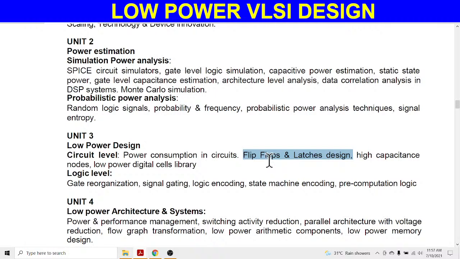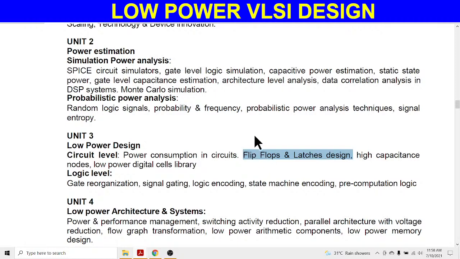But we are mainly focused on how an integrated circuit works on less power, how it dissipates less power. So we need to focus on the design of these flip-flops and latches also. We have to focus on how we can design them so that they consume very little power. If these elements consume less power, the overall power required by the integrated circuit will also reduce.